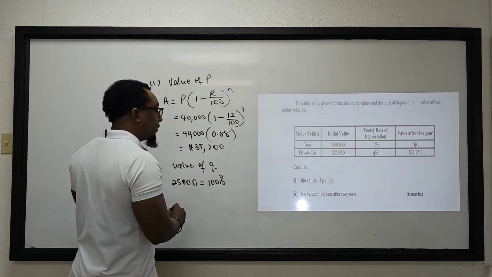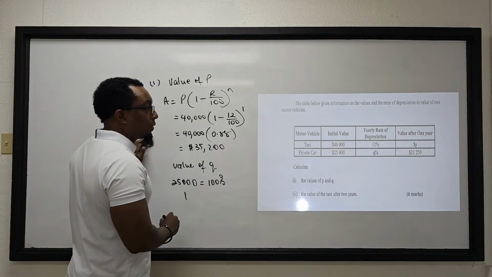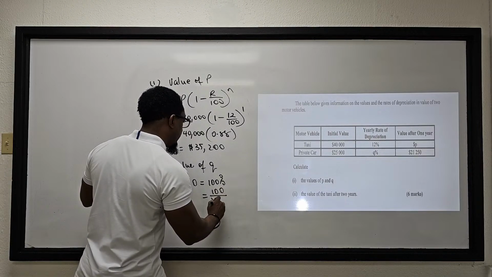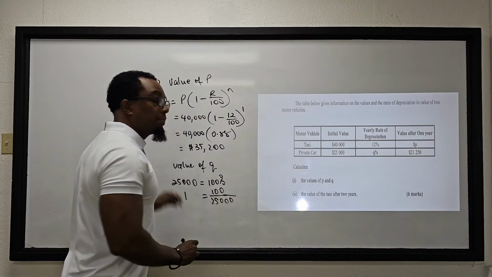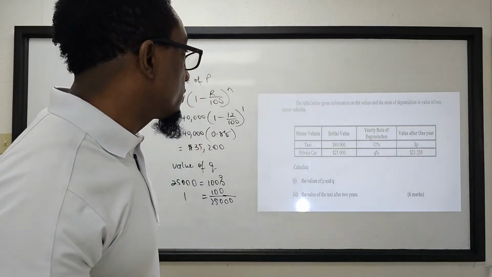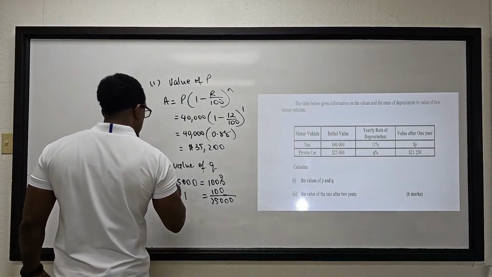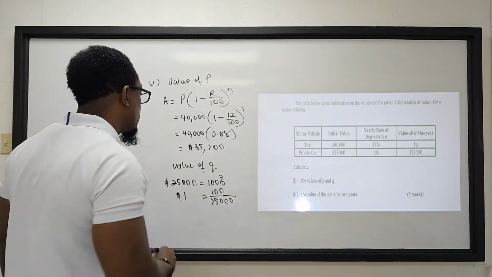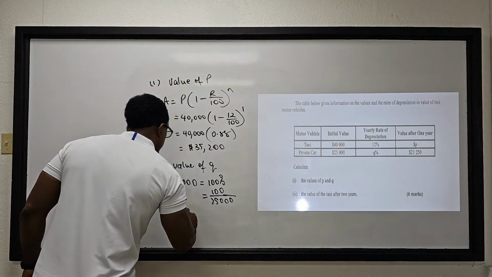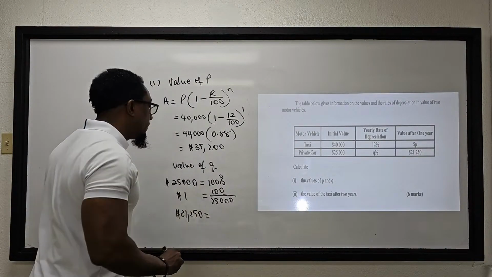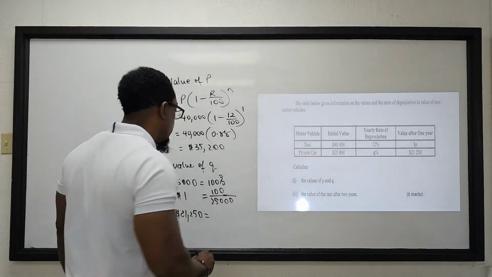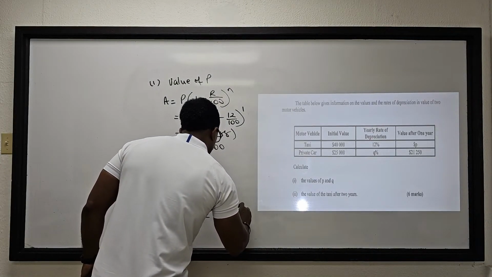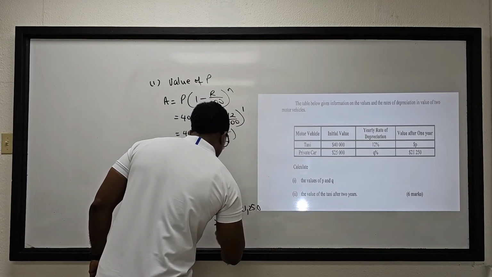I'll find for 1, which is 100 over 25,000. So we'll find for $1. So 25,000 is equal to this, $1 is equal to that. And $21,250 will be equal to 100 over 25,000 times 21,250.